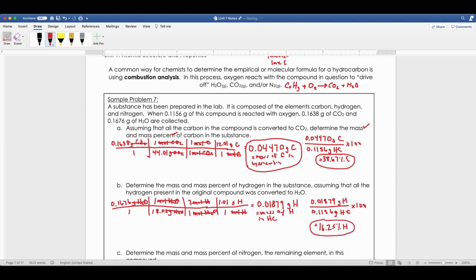There's everything I need for this one, right here. This is taking almost everything we've done in this unit so far and putting it all together in a very complex problem. And I don't think College Board actually assesses you on combustion analysis. They used to. So I like to keep it in there just in case. Plus, it is really good practice. There's a lot of stuff you have to understand why it works.